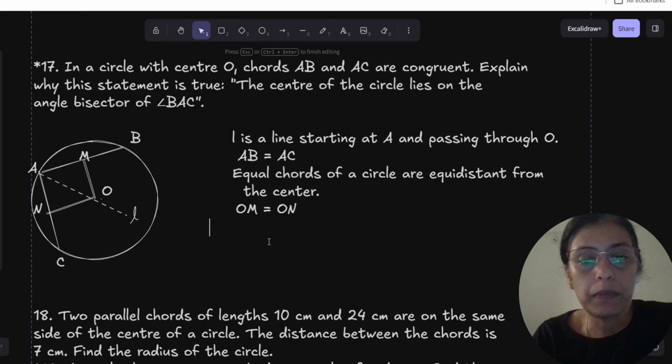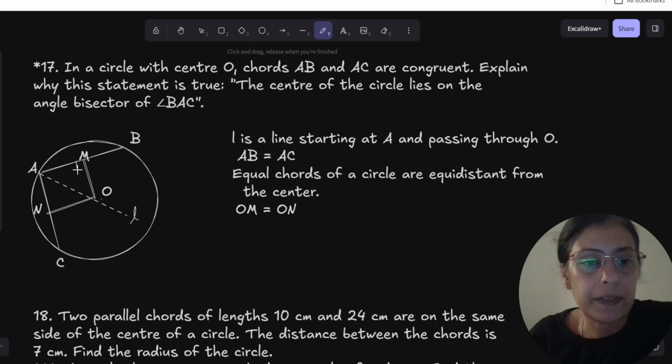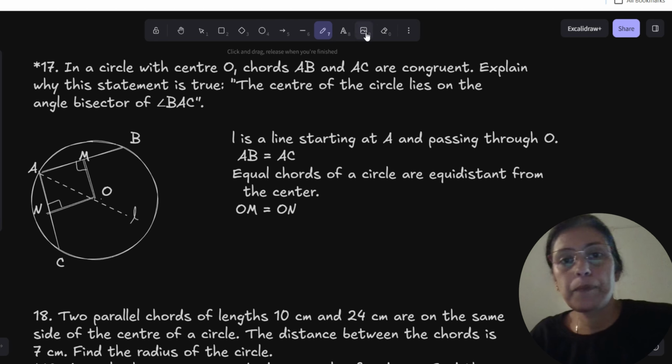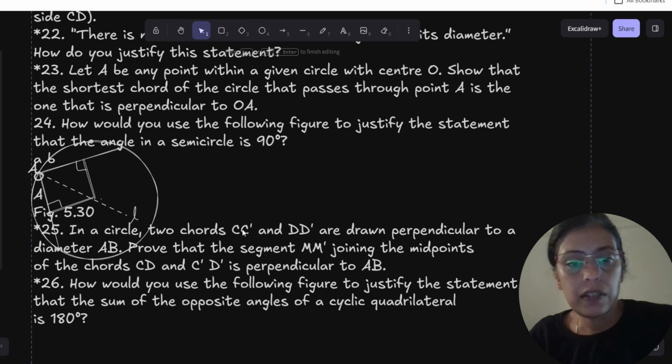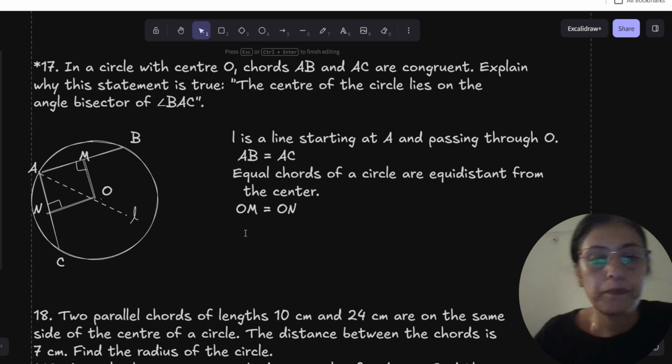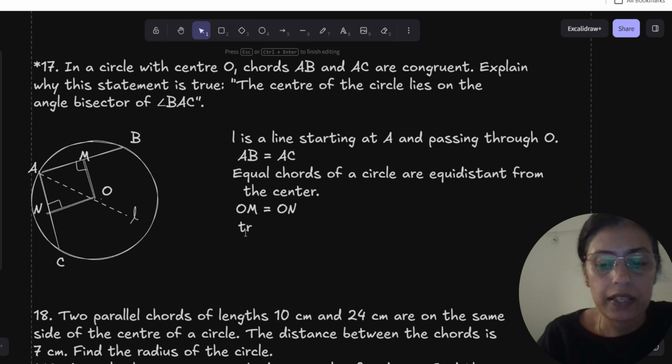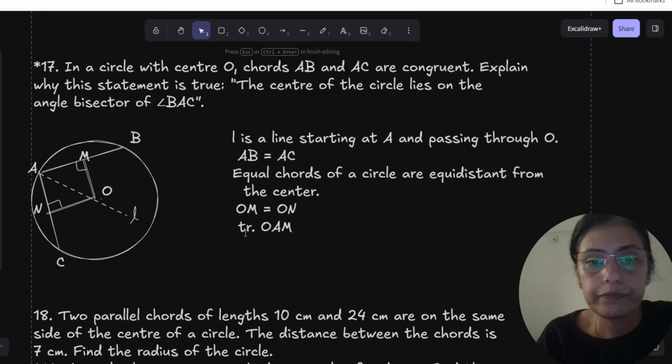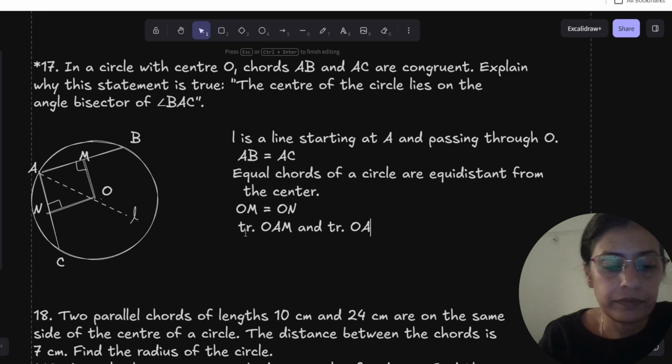Let me consider one more thing: because the perpendicular is drawn from the center to the chord, it is 90 degrees. And then I can start considering the two triangles, triangle OAM and triangle OAN.